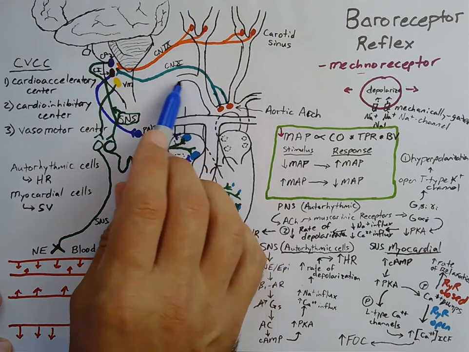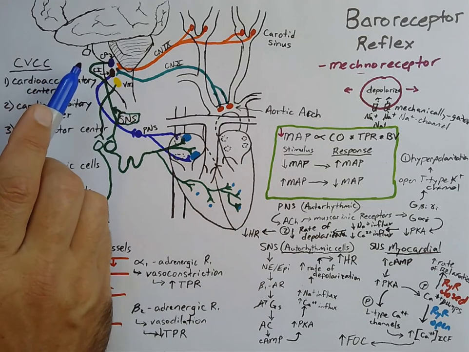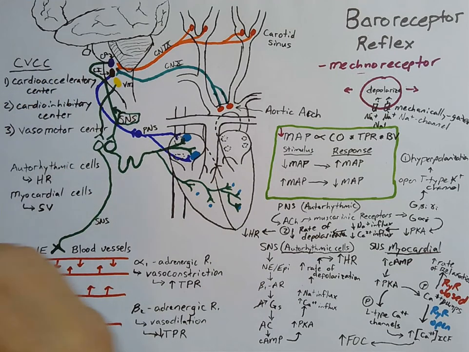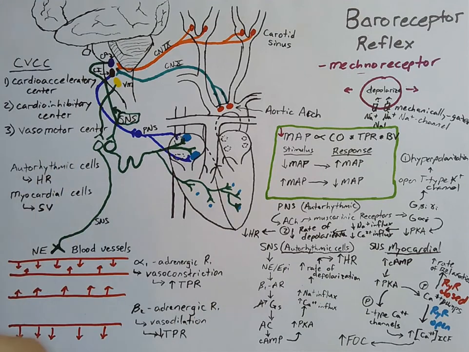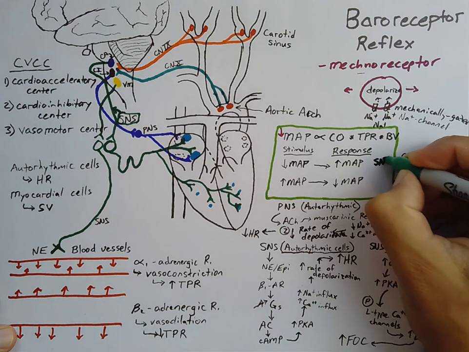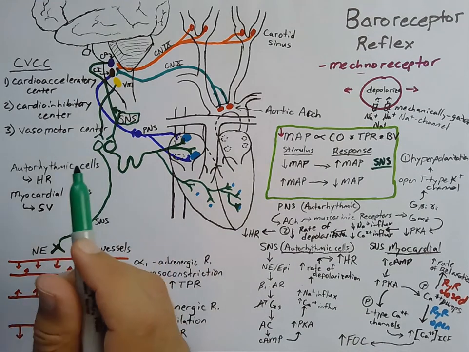So as less action potentials go to the medulla oblongata, what's going to happen to the sympathetic nervous system? We're going to activate that sympathetic nervous system. And as we activate that sympathetic nervous system, what's going to happen?